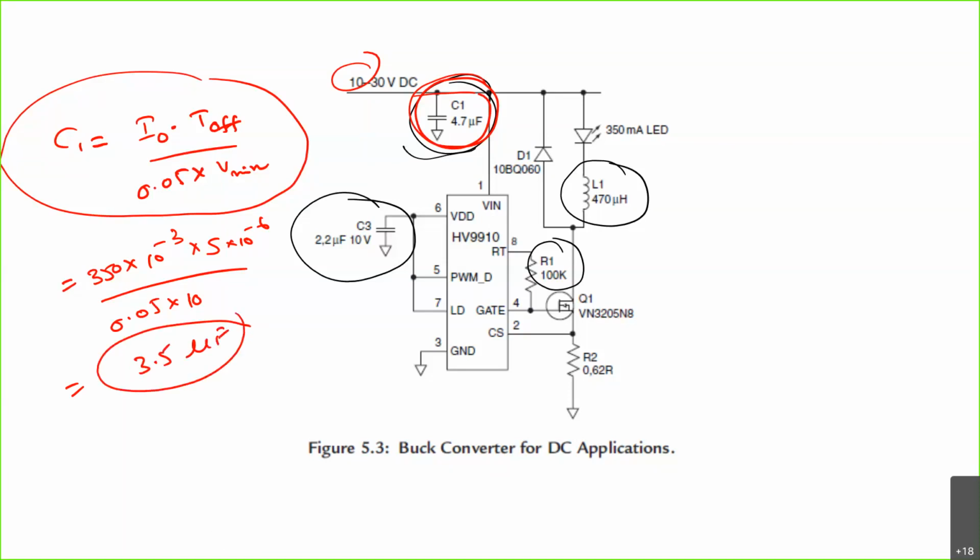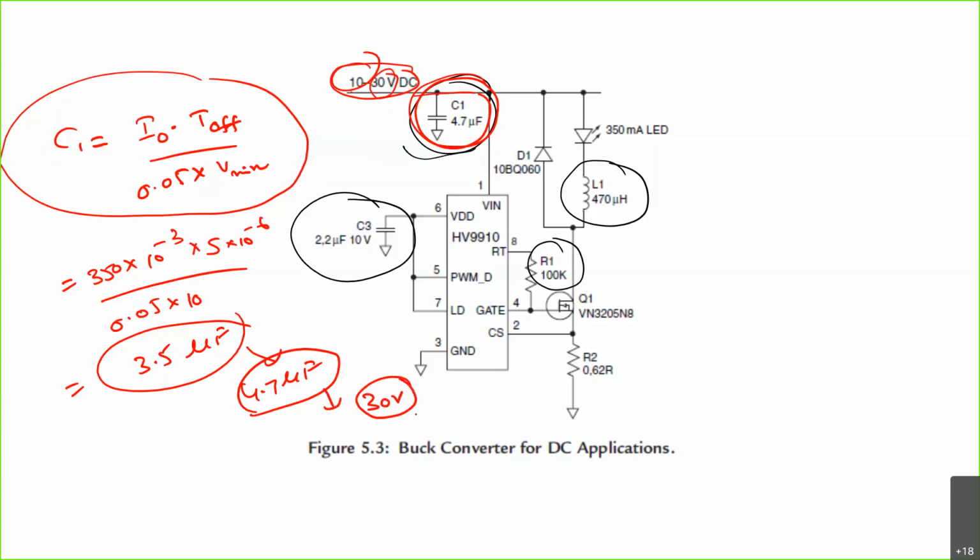Generally there is no such 3.5 microfarad rating available. The nearest value is 4.7 microfarad. Now, how to fix its voltage rating? A capacitor also has a voltage rating. The input is 10 volts to 30 volts, so we need to fix it on the maximum side, meaning the minimum voltage rating is 30 volts.